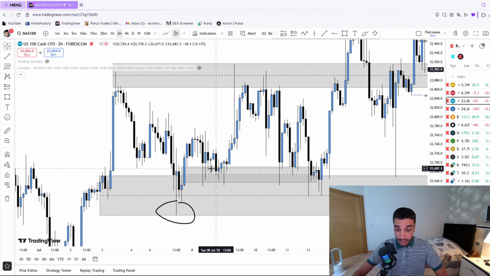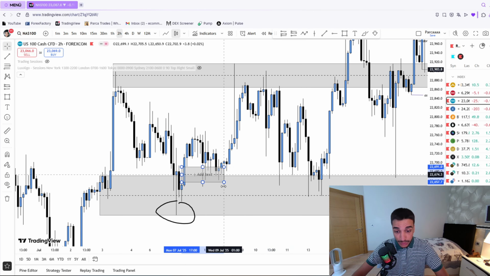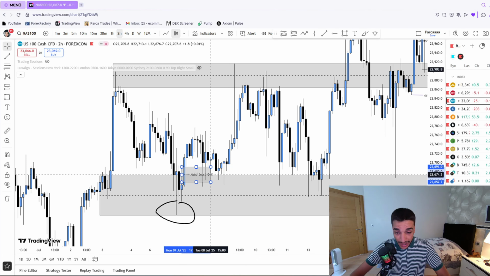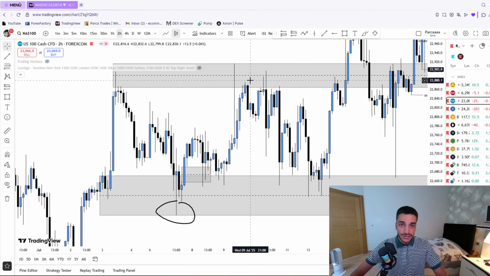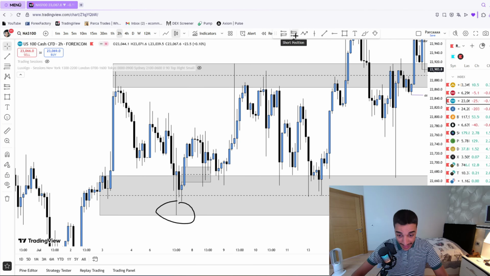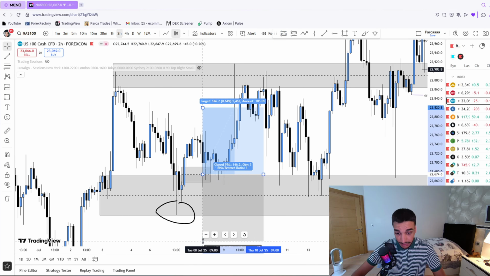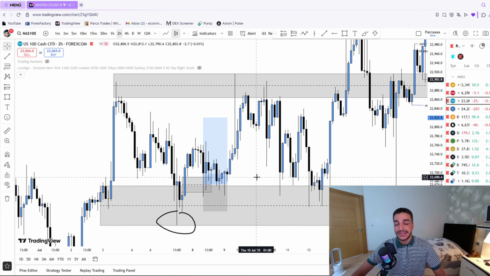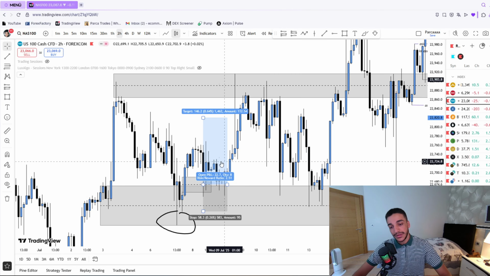So what I'm going to do is wait for price to touch that fair value gap, and right here the price touched our fair value gap. And then I'm going to enter my trade here. I'm going to put my stop loss at this liquidity, and the main part is where I'm going to put my take profit, right?